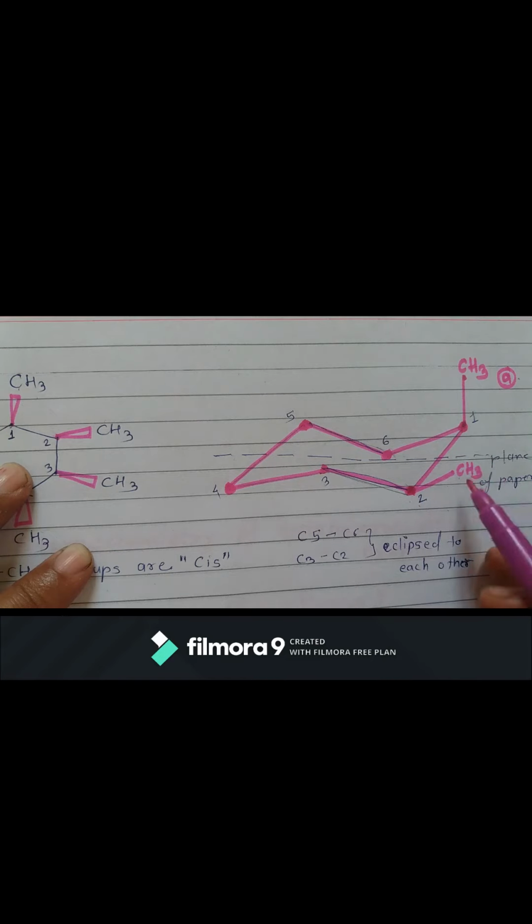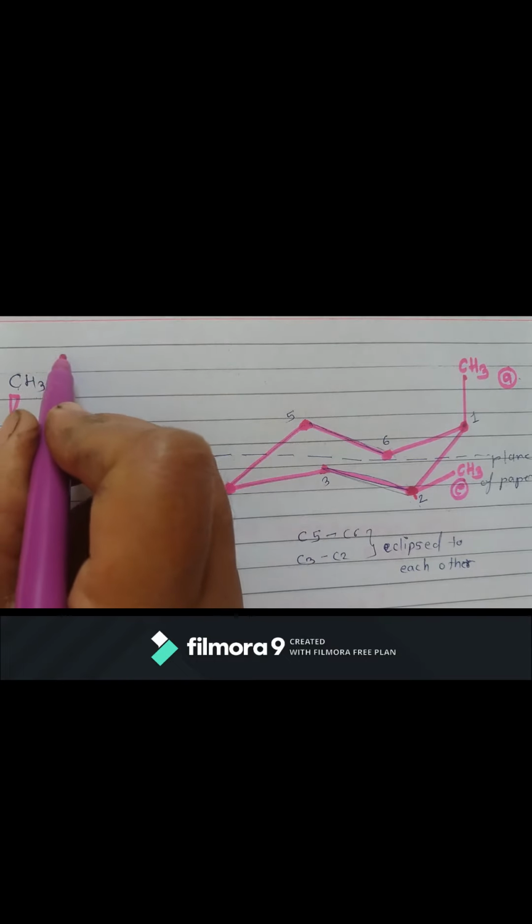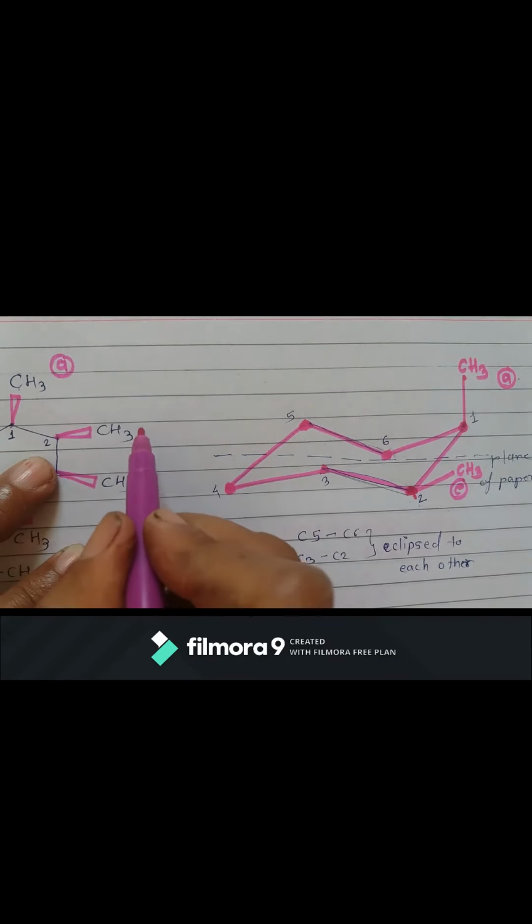If you draw, for example, the methyl group at the second position like this, you cannot say that it is above the plane, you can say that it is below the plane of the paper. This is the plane and that one is below the plane of the paper. So the second methyl group becomes equatorial. Here you can write, this becomes axial, and this second position becomes equatorial.